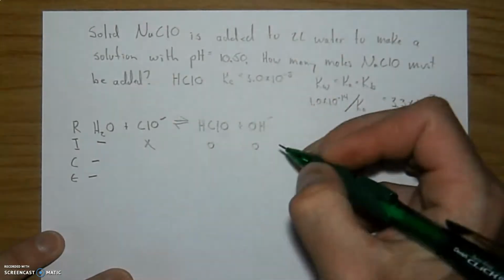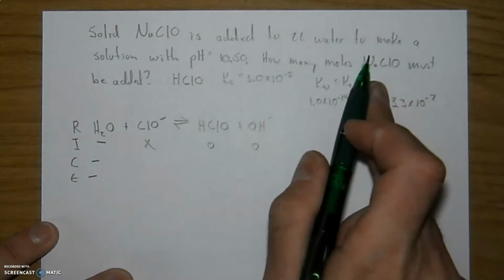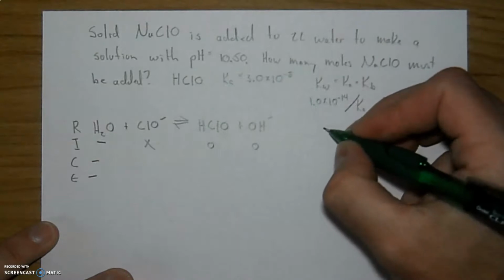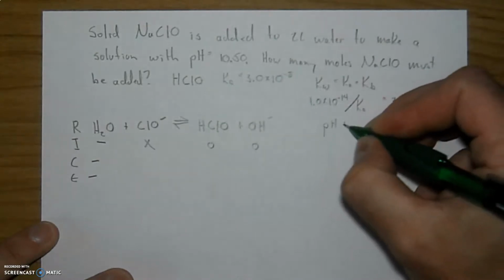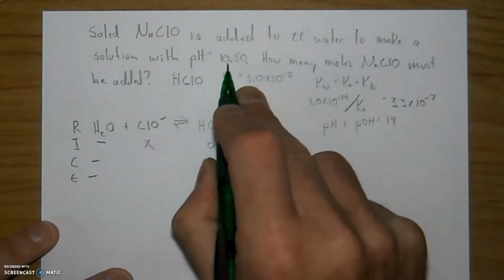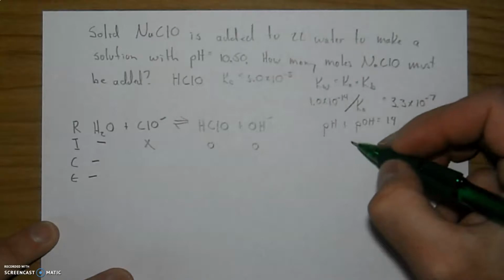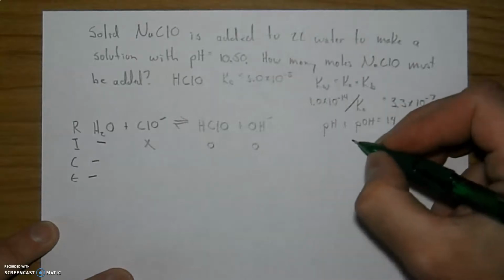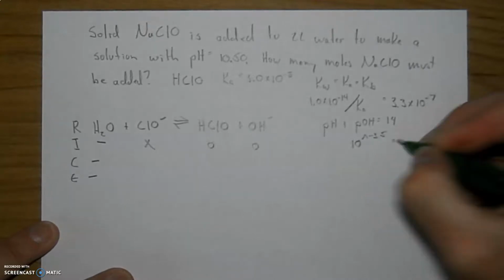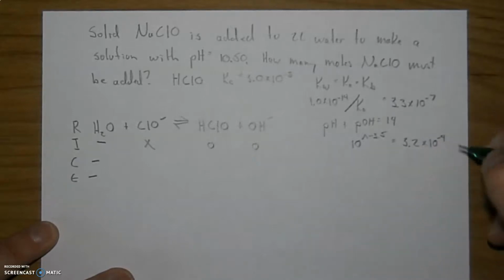Initially, I don't have any of these, but I know what the pH is. The pH is 10.5. I'm going to do it a little bit differently. Don't forget that pH plus pOH is equal to 14. So if this is 10.5, the pOH is 3.5. And if I know 3.5 for the hydroxide ion concentration, I can say 10 raised to the negative 3.5 is equal to 3.2 times 10 to the negative 4.